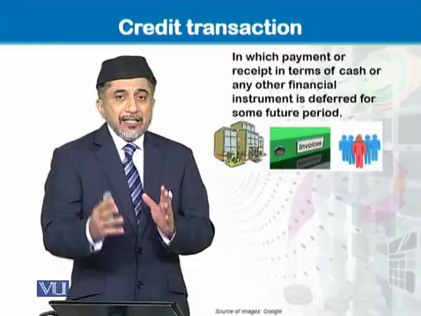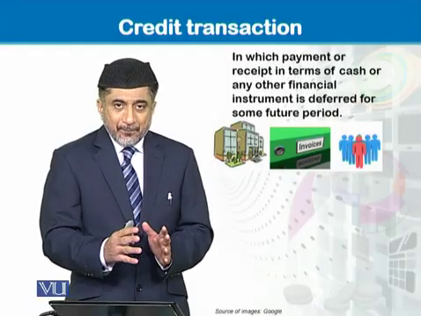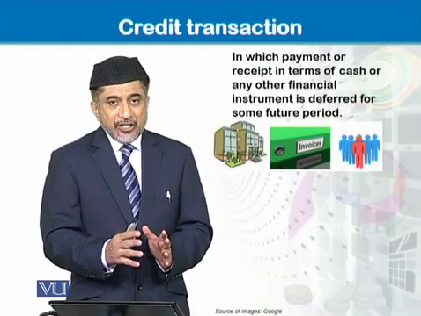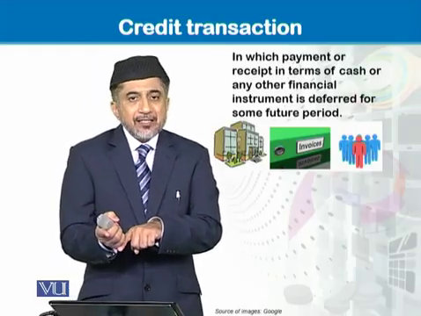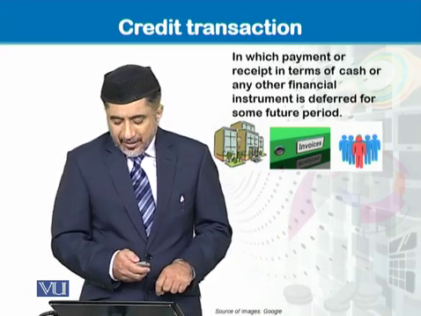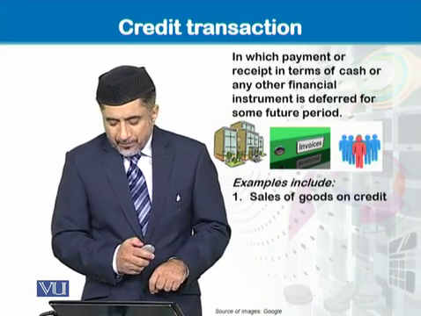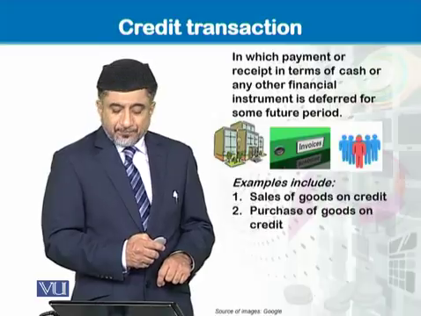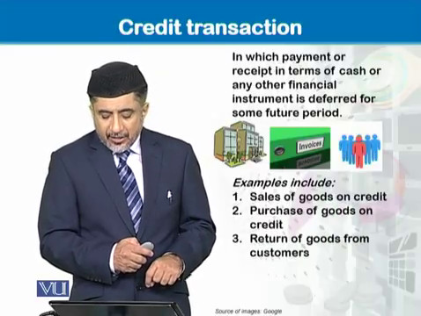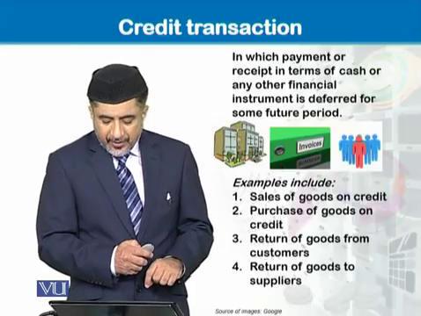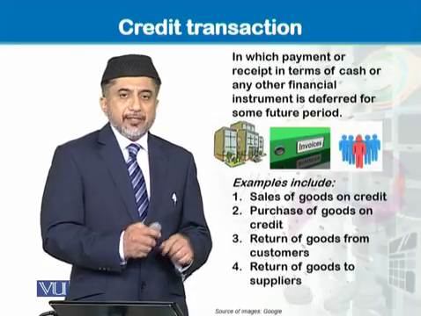So buying food today is a credit transaction. Making its payment after a week is a cash transaction. So its examples include sales of goods on credit, purchase of goods on credit, return of goods from customers, and return of goods to suppliers.